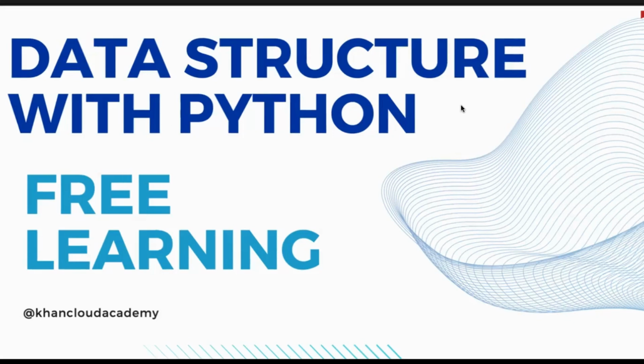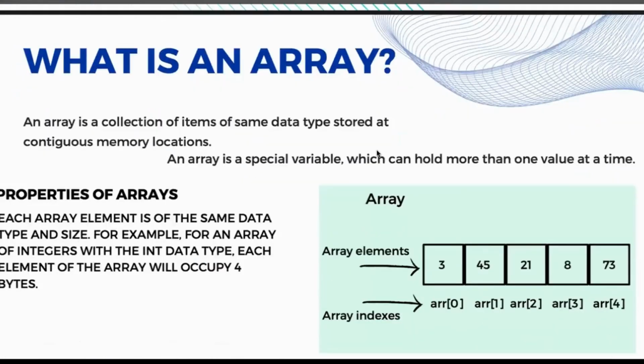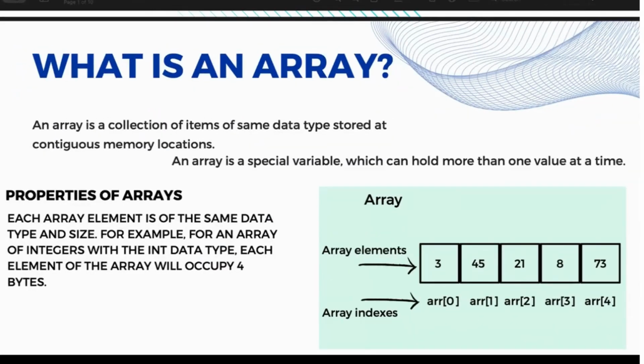Let's talk a little bit about data structures with the Python free learning course. So this is a free learning forum. Let's move to the next slide. What is an array? Arrays are a fundamental data structure and an important part of most programming languages.